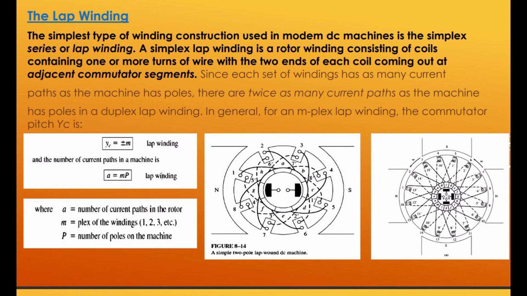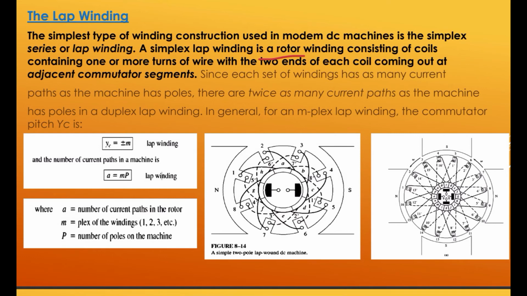A simplex lap winding is a rotor winding consisting of coils containing one or more turns of wire, with the two ends of each coil coming out at adjacent commutator segments. Since each set of windings has as many current paths as the machine has poles, there are twice as many current paths as the machine has poles in a duplex lap winding.